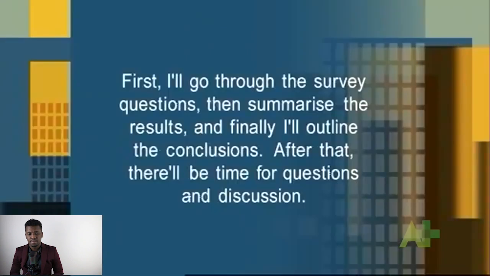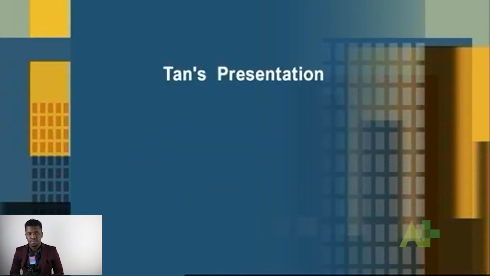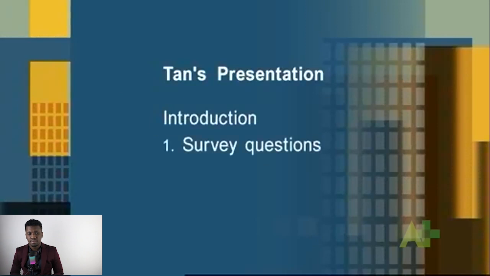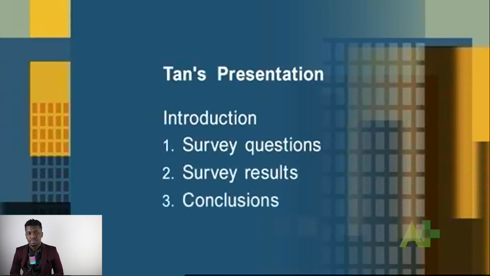Notice how he signals this by using sequencing words. First, then, and finally. The structure of his talk is introduction, then part 1, survey questions, part 2, survey results, part 3, survey conclusions. There's one more sequencing signal in his introduction.